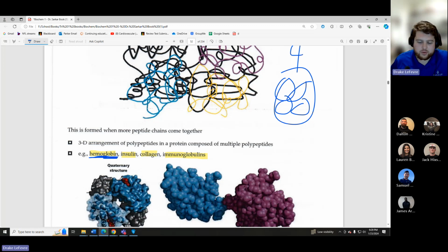Are globular proteins soluble or insoluble in liquid or in water? Soluble. What was the other kind of protein that we talked about that was insoluble? Fibers. Perfect. Good job.